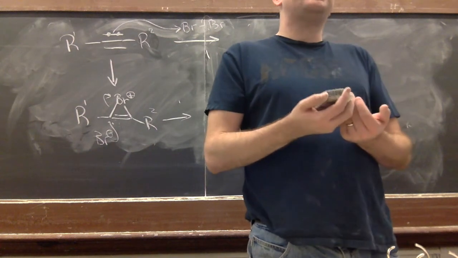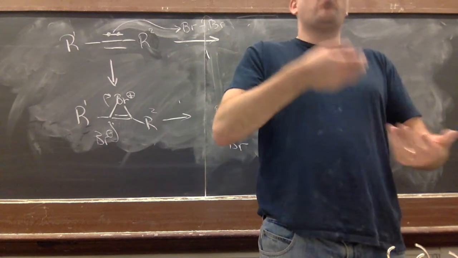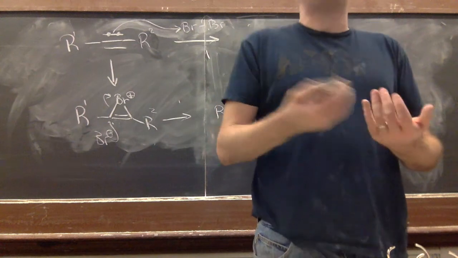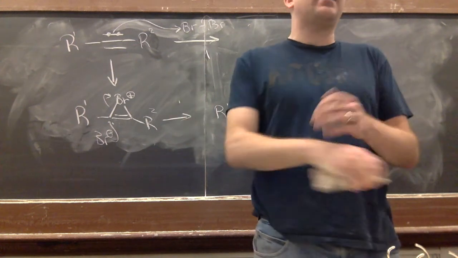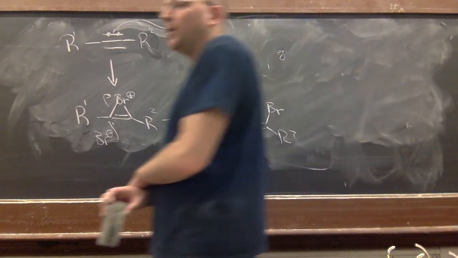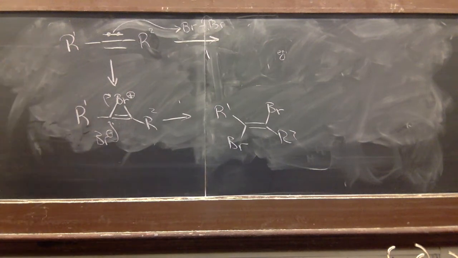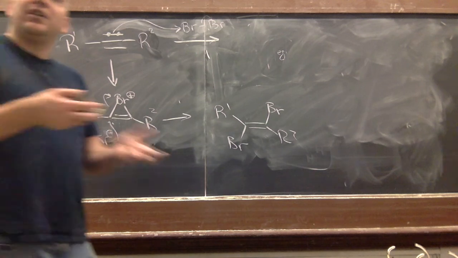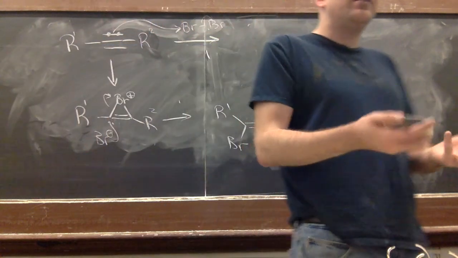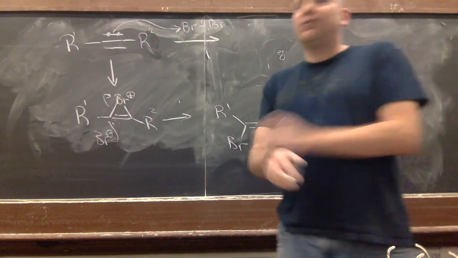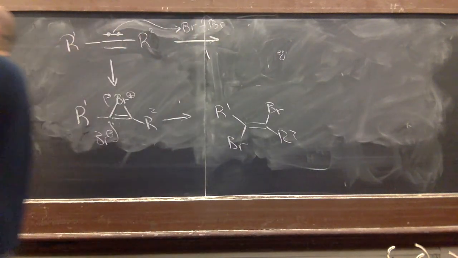If I ask you a question that's asking why the stereochemistry is what it is, you should probably show it in terms of the backside attack. Again, they're both helpful and useful and neither of them is wrong. They both tell us different things. One tells us about the regiochemistry, the other tells us about the stereochemistry. Depending upon which one seems more important in a question, that's how you should think about it.